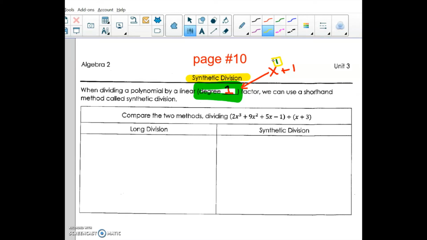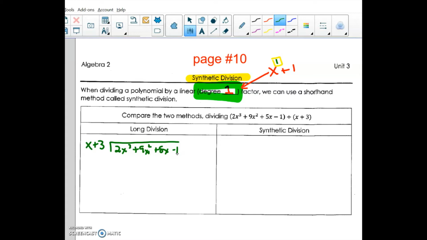And so I'm going to go through the long division of these two polynomials. So we have x plus 3 dividing into 2x cubed plus 9x squared plus 5x minus 1.